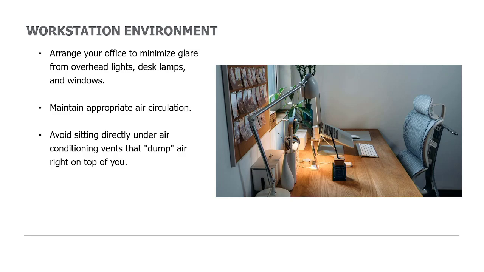The other thing is, if you have an office area and it has air conditioning blowing directly on top of you, try to position your desk away from the air conditioning or the heat vent, whichever it may be, so it's not blowing directly down onto you. And here's what you'll experience. You kind of have to watch for this as well. If you happen to be sitting directly underneath an air conditioner vent, you sit there for a period of time, your body gets a little chill to it.